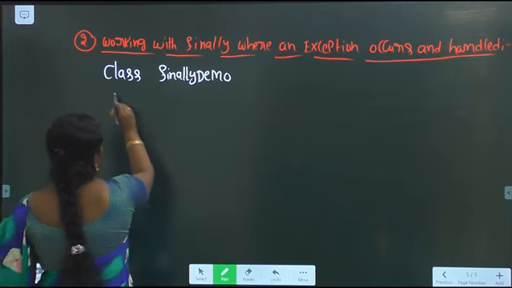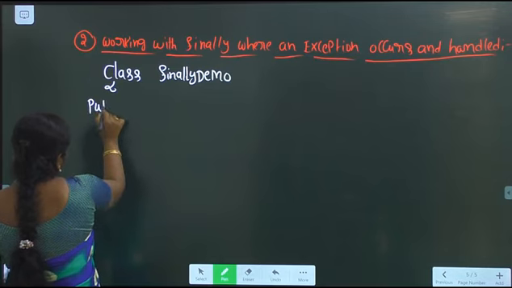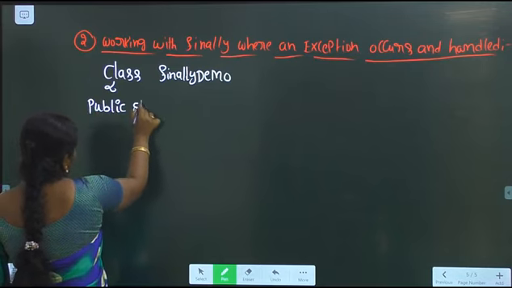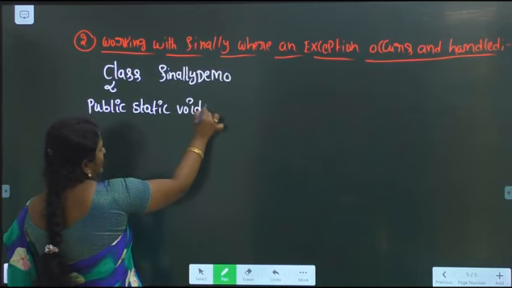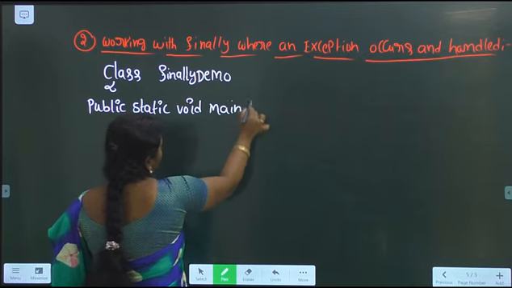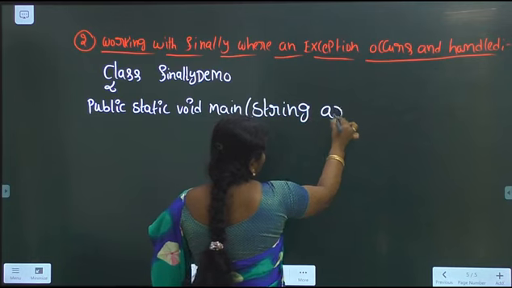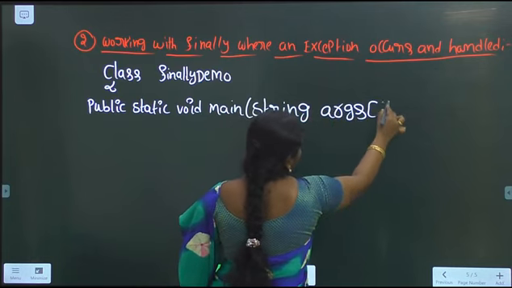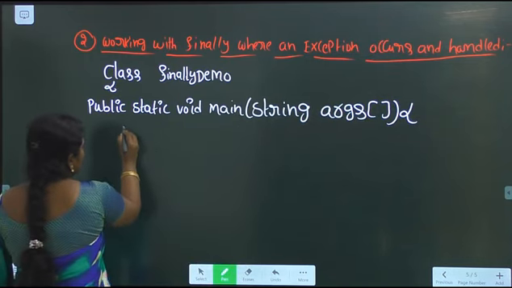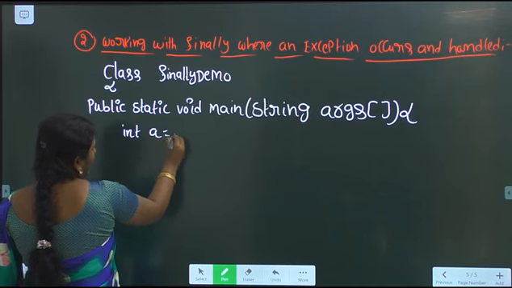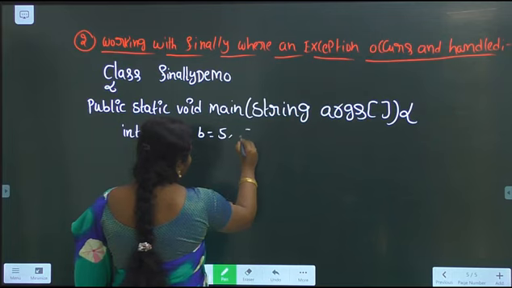After the class, I am defining the main method: public static void main, String args array. After main, we open the curly brace. Here I am defining three variables: int a equal to 10, b equal to 5, and c equal to 5.